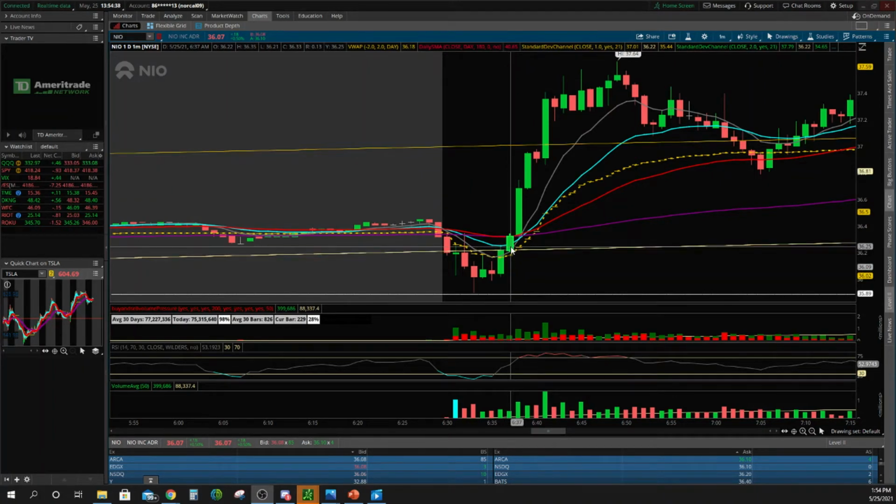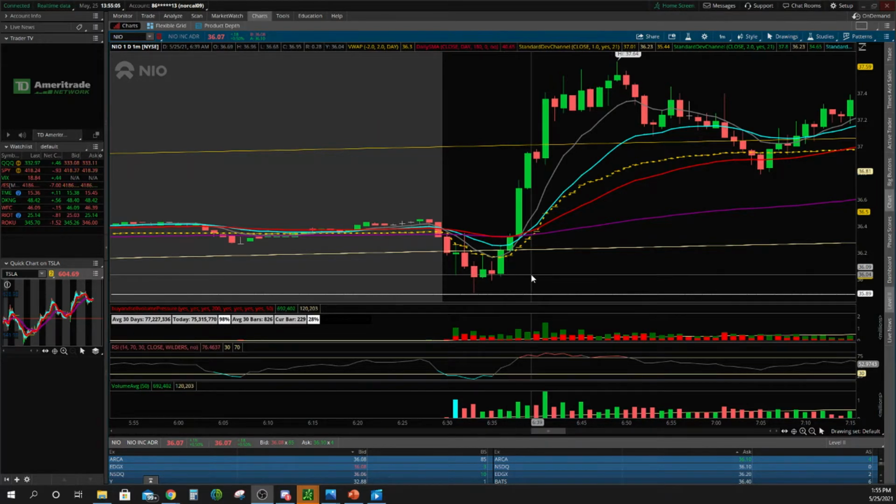I would start in with whatever you're willing to risk, but your entry is here at 36.23, or even if you wanted to go all the way to the top of it, it's like 36.26 or so in there. Up to you. You can decide in that area where your entry is going to be. But you're risking to the bottom of that decision candle.